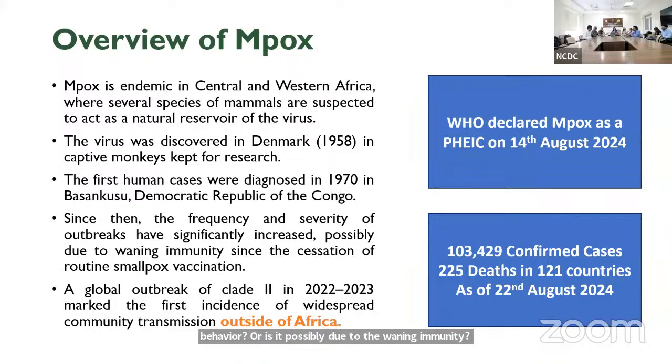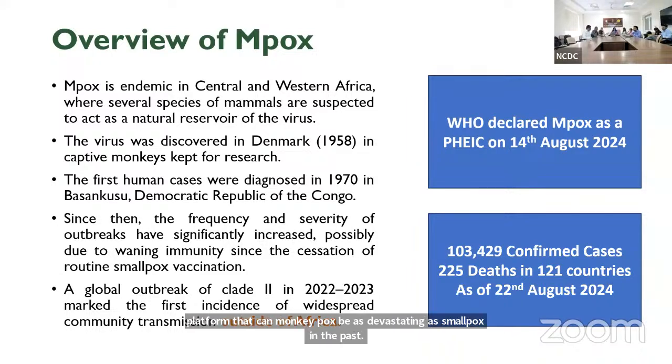If we gather past experience, smallpox has been devastating for the global community. So this is how the threat is being perceived on a global platform: can monkeypox be as devastating as smallpox in the past?